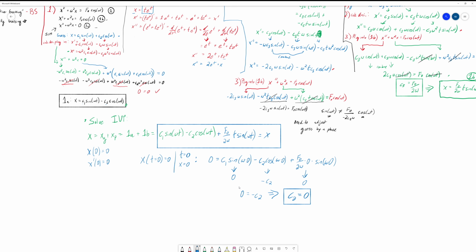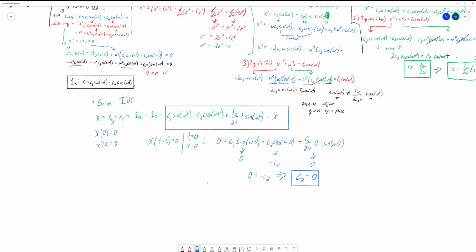Okay, and then we just have one step left, and then we're done, and we can write x prime of t equals 0 equals 0. So first we need to rewrite x, so we can use this information to make our life a little bit easier, using c2 equals 0.